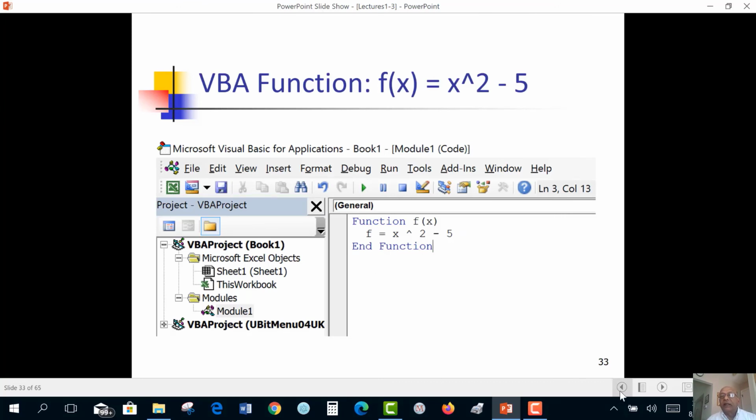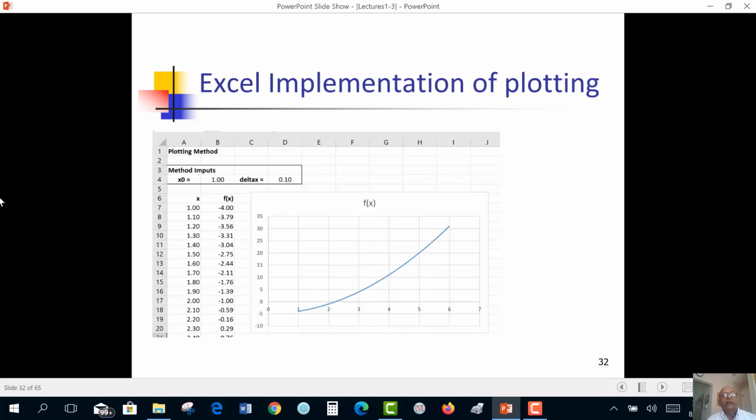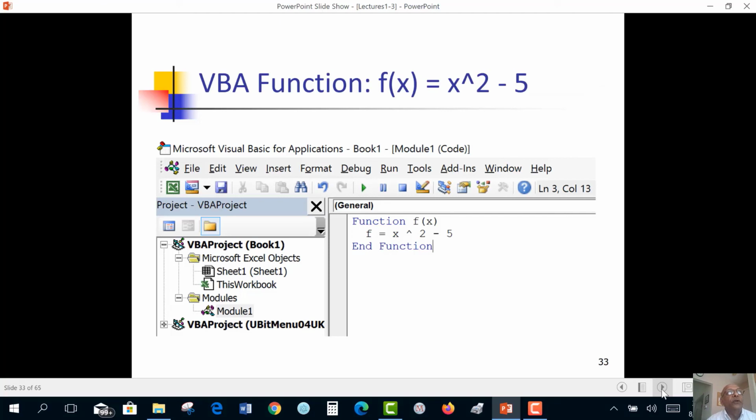As soon as we change the function, our spreadsheet should change, and we should be able to change different ranges to find our desired root if one exists. So this is what you're going to do in the first part of Lab 1: learn how to create a spreadsheet with a VBA function so that you can plot any function in any range that you want.